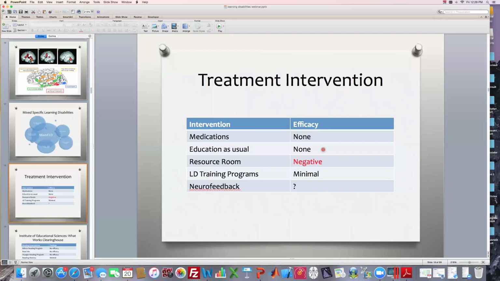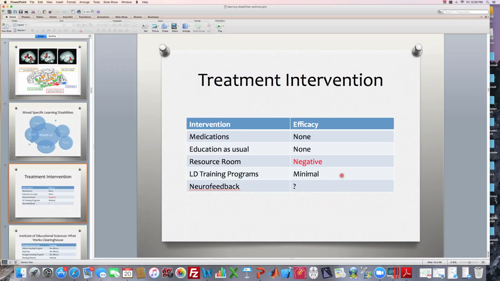Education as usual, in other words, not adding to their education in some way with some special services, doesn't seem to help. Resource room intervention by itself actually does not seem to be very helpful if someone is delayed in academics. And learning disability training programs specifically have been shown to be minimally beneficial.